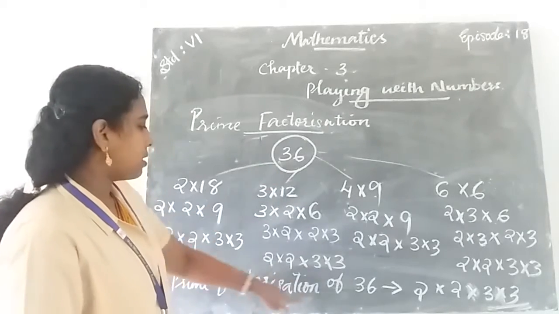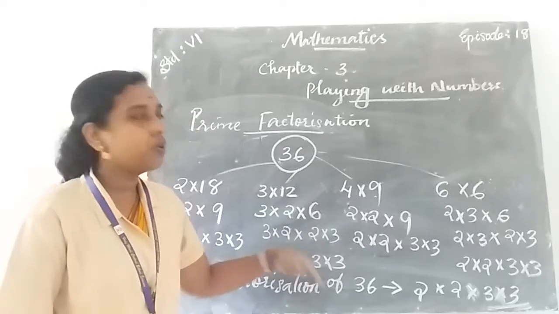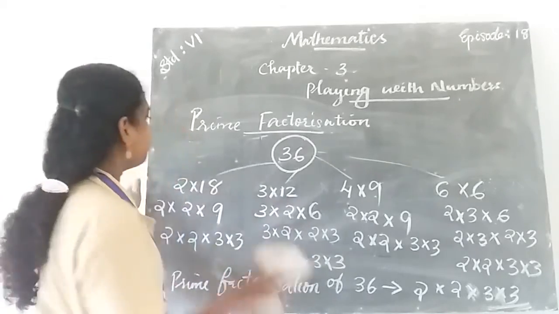And the prime factorization of 36 is 2 into 2 into 3 into 3.